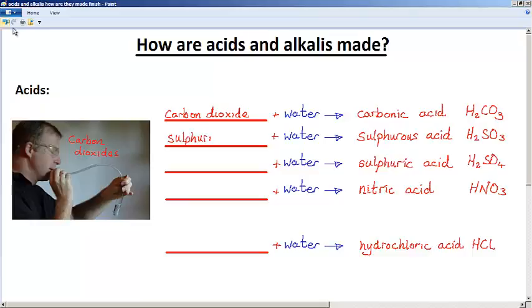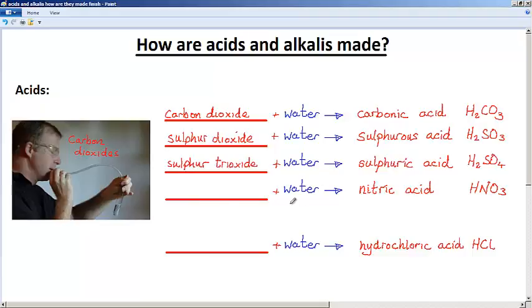Now, you can see a video of this in the Watch and Learn section, and after that we've got an even stronger acid, which is sulfuric acid. Well, that's produced by dissolving sulfur trioxide in water.